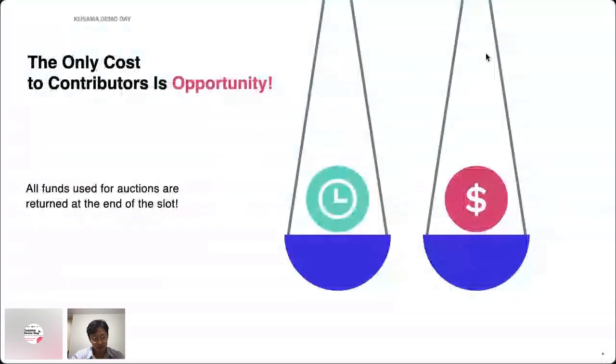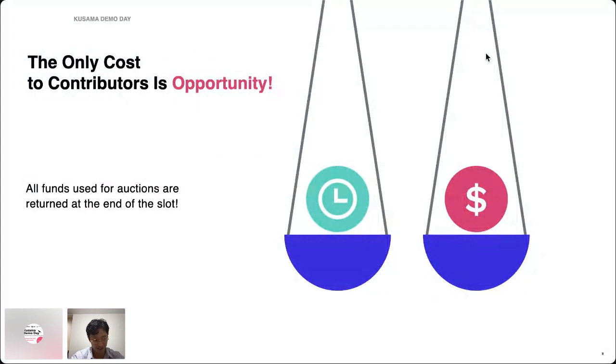So on the surface, right, the only cost to contributors is opportunity cost, right? It's basically the opportunity cost in Kusama in 6-week lease period intervals up to 48 weeks to put their money in. And then at the end of the auction time cycle or the lease time cycle, all funds that are used for auctions are going to be returned at the end of the slot.